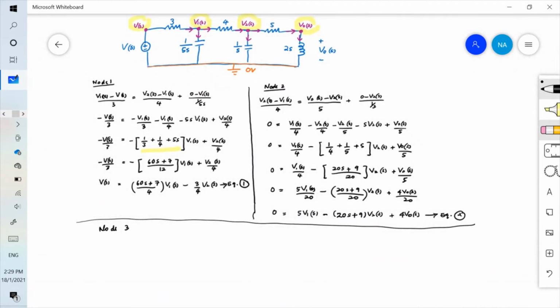Okay, so for node number 3, we have one current in and only one current out. So current in (V0s minus V2s) divided by 5 equals current out (0 minus V0s) divided by 2s.